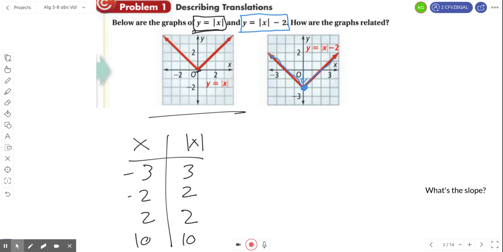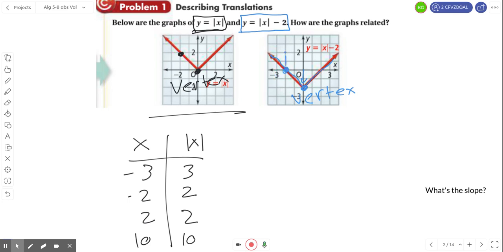This point in the original graph was at the origin. We call this point the vertex of the graph. And the vertex has shifted down too, and so has every other point on the graph. So in the original graph, we had the point -2, 2. And in the translated graph, that has been moved down too.